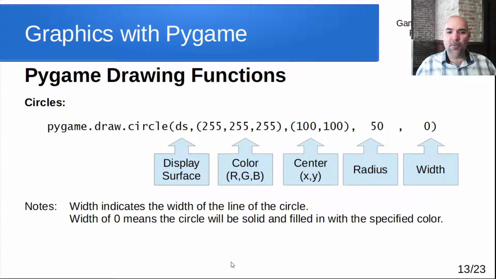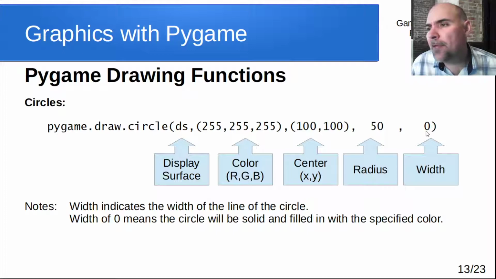Okay, moving on to circles. The way the circle command works, pygame.draw, and then instead of a line, we do circle. We always have the display surface first, and then the color next. Circles, though, are different. They don't have 2 points. The way a circle works is we give it the center, and then we give a radius. And then the last parameter is the width.